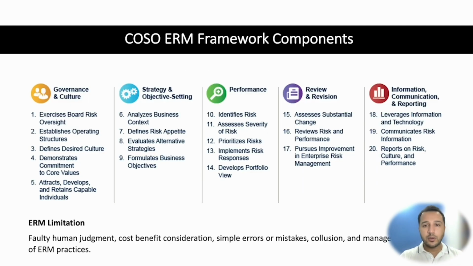So here we are, and as with the ERM framework component, the first one is governance and culture. Whenever we talk about governance and culture, we have to ensure that the board exercises risk oversight, that the management implements processes and proper mechanisms for managing those risks, and that the overall direction, the importance and the tone or the culture is being derived from the very top, from the board.